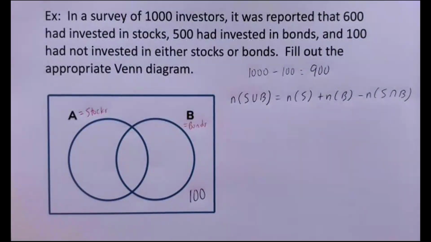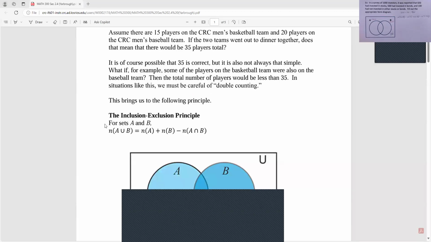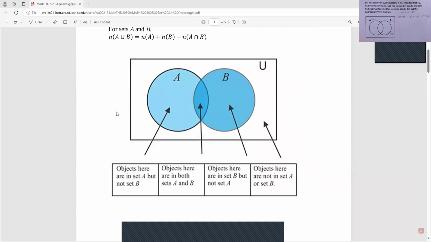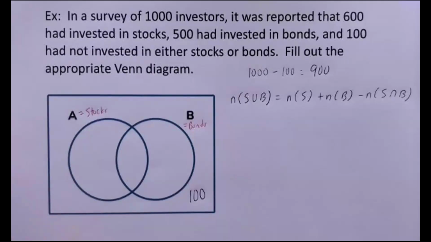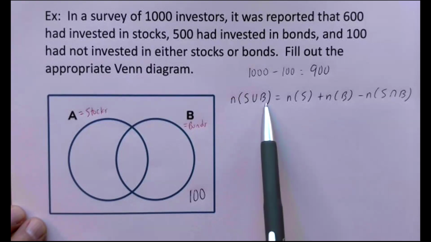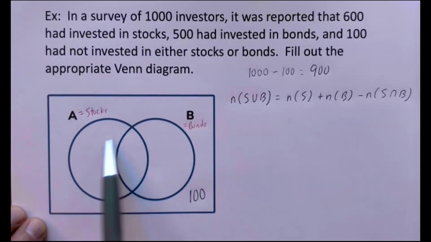That was also, if you remember, in the notes right here. That's called the inclusion-exclusion principle. And here's a good visual of what we're talking about right now. When I'm talking about the number of elements in the union of the 2 sets, that means anyone anywhere in these circles.